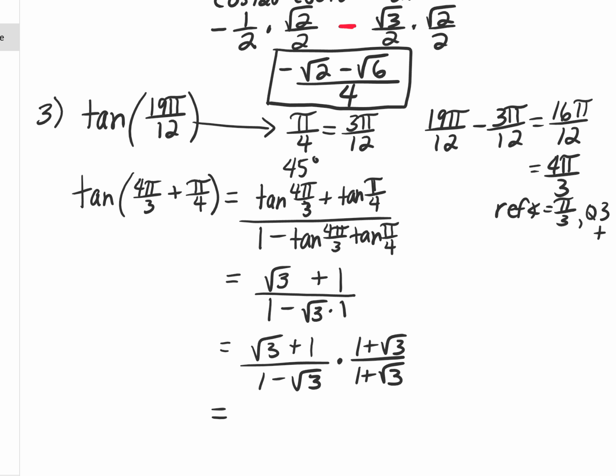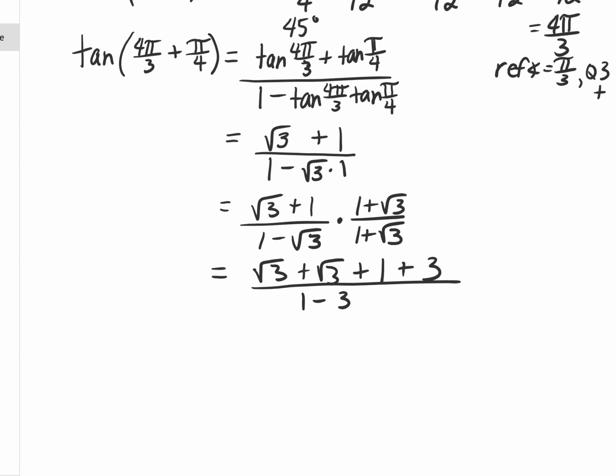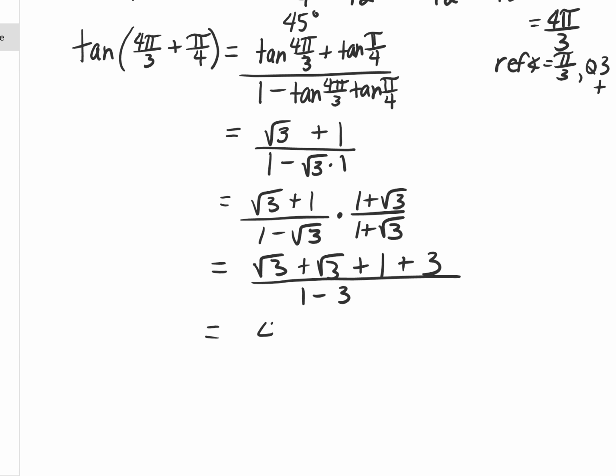So I would get FOIL on the top, root 3 plus root 3 plus 1, and then plus 3, all over 1 minus 3. And then if we simplify this, we're going to get negative 2 minus root 3.